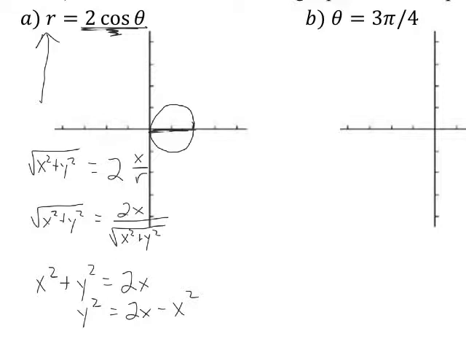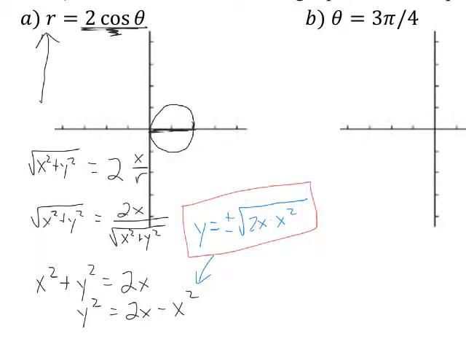And this is probably the best you can do as far as having a single expression, but if you wanted to, you could break it into two separate expressions and say that y is equal to the positive and negative square root of 2x minus x squared. So both of them have their merits. If you were asked to solve for y, this would be your answer.